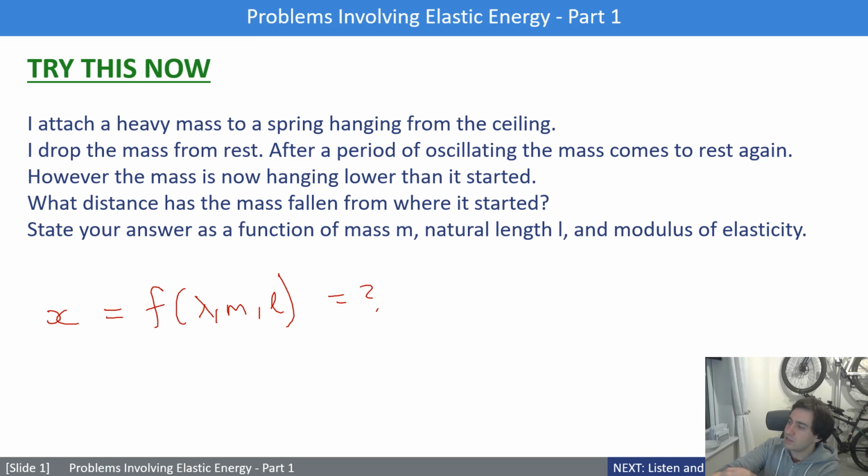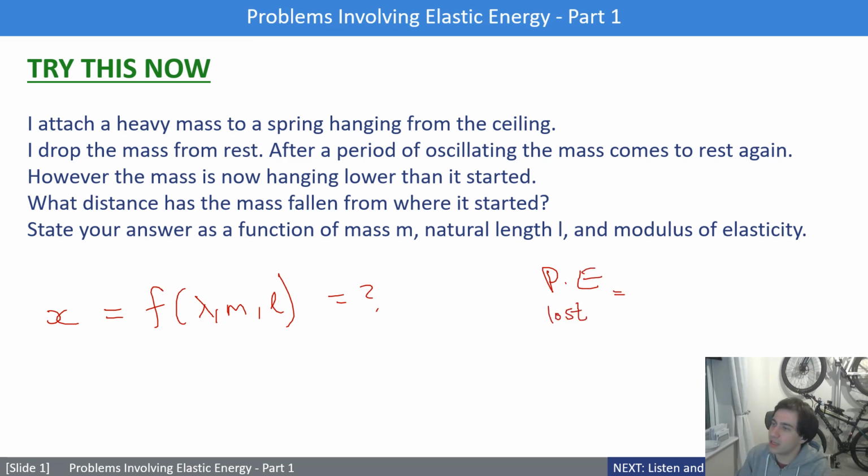Okay, so in this case, first of all, let's just get kinetic energy out of the way. We don't need to consider it because it started at a velocity of 0, and it's ended at a velocity of 0. So then we think about potential energy, and how much is it lost?